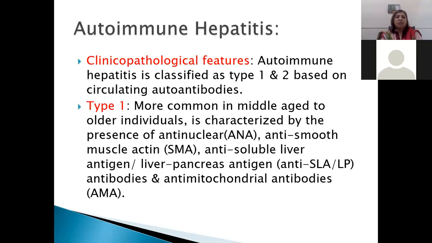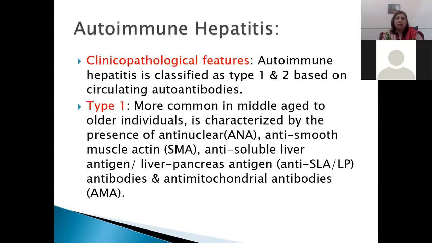It is characterized by presence of anti-nuclear antibodies, anti-smooth muscle actin antibodies, anti-soluble liver antigen or liver pancreas antigen, or anti-mitochondrial antibodies. So in type 1 autoimmune hepatitis, we can see 4 types of autoantibodies.